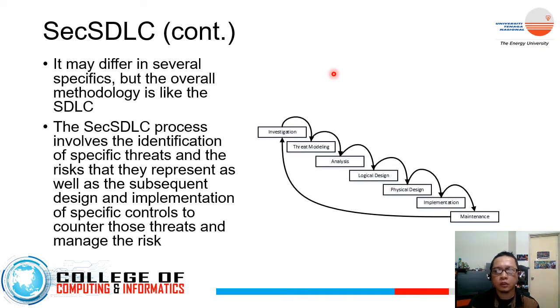So basically, you need to follow all the steps throughout the SEC-SDLC, meaning from the investigation, the threat modeling, analysis, logical design, physical design, implementation, and maintenance. And basically, this process can also be in a cycle.